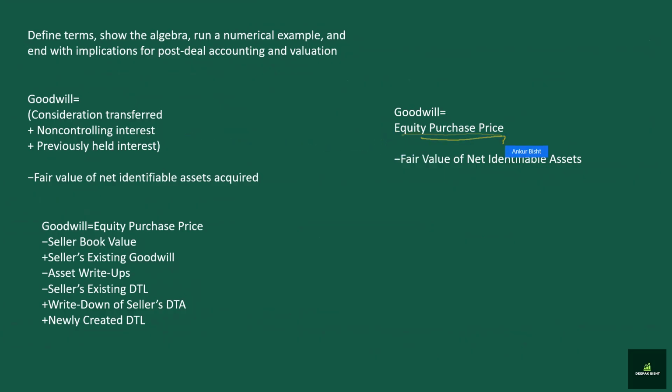When we break down the equity purchase price, the other components are the seller's book value, then the seller's existing goodwill, then the asset write-up, then the seller's existing DTLs, then the write-down of the seller's DTA, and the newly created DTL, which is nothing but this value, the fair value of the net identifiable acquired assets. Think about this.